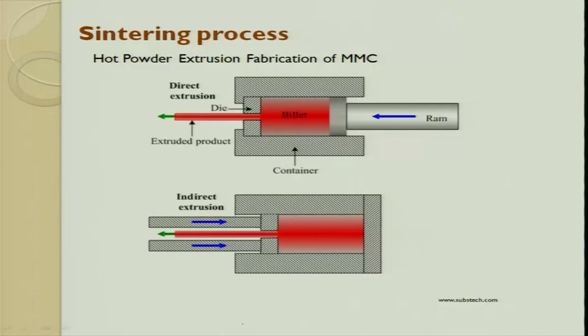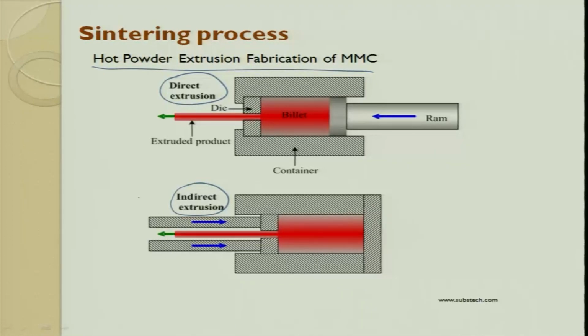Next one is hot powder extrusion. Here we mix the metal and particulate, then we apply pressure and heat, and the pressure is given through this ram. We do an extrusion process through this. You can do a direct extrusion or an indirect extrusion.